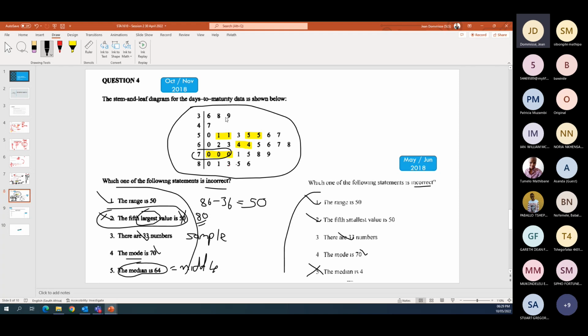So 1, 2, 3, 4, 5, 6, 7, 8, 9, 10, 11, 12, 13, 14, 15, 16. Between 16 and 17, like in the previous one, the number next to it is also 64. So the median is 64, because there is nothing in the middle between those two numbers.